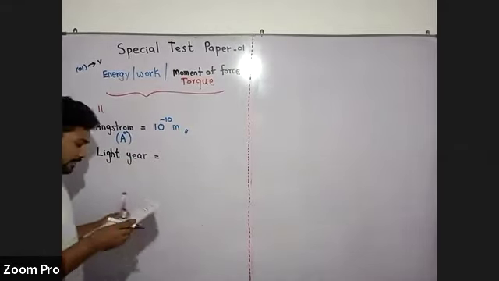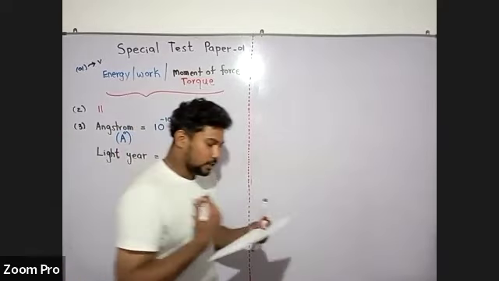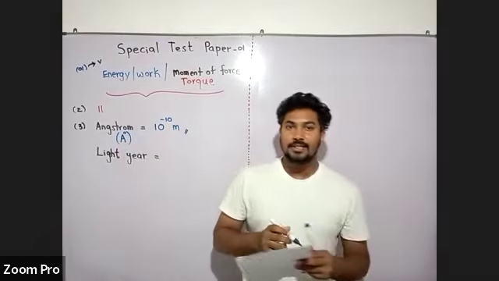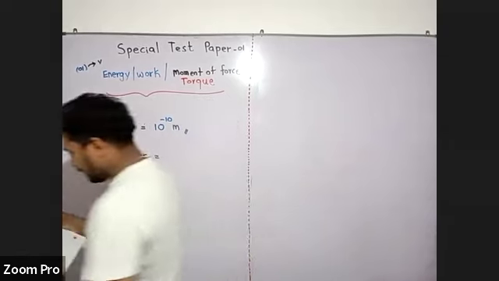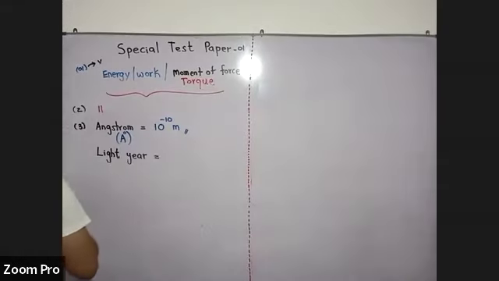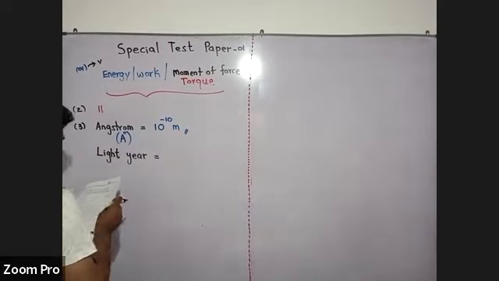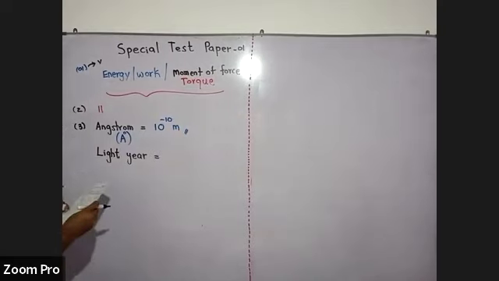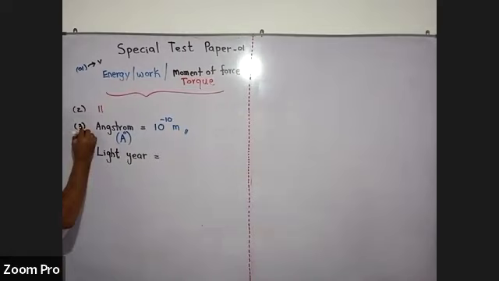So this is the largest unit, and the angstrom is the smallest unit. So the answer should be the largest and the smallest unit. The largest should be the light year, and the smallest one should be the angstrom. So the answer should be the fourth one, right?